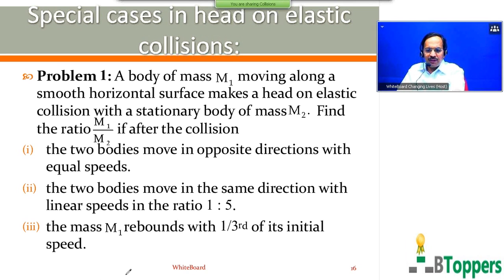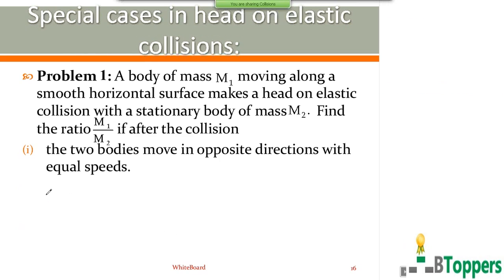So now first I am going to solve the first part of the question here. Here the second body is initially at rest. You can solve the problem by two methods. One method is using the direct expressions for V1 and V2 in terms of the masses m1 and m2 and initial speed u1 of the first body before collision.